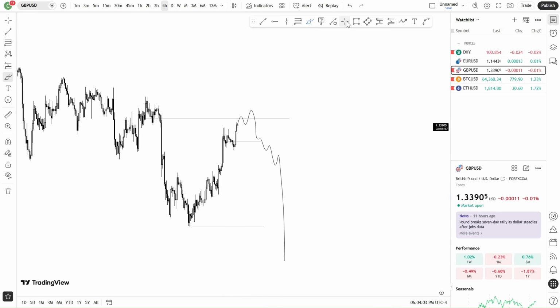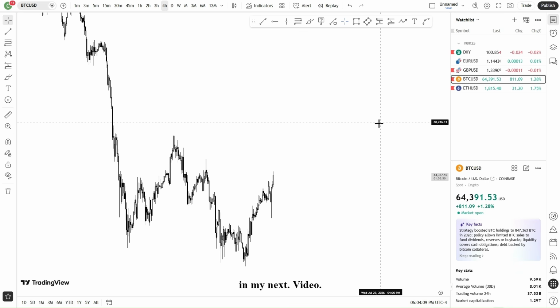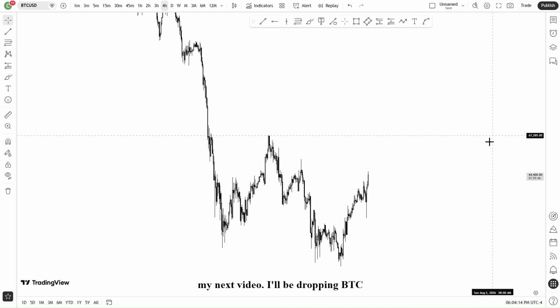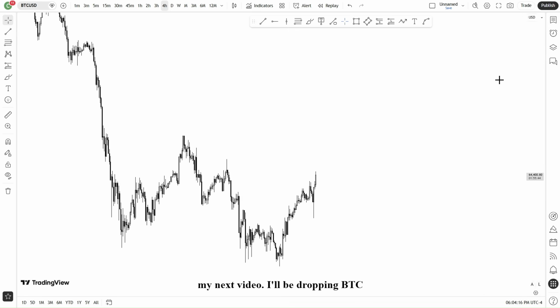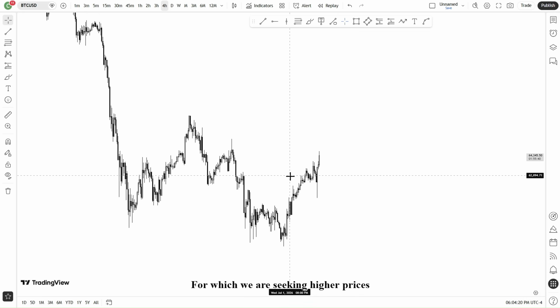So for the BTC outlook, I think that will be in my next video. So you guys should watch out for my next video. I'll be dropping the BTC outlook. I caught this particular low, so we are seeking higher prices towards some certain levels.